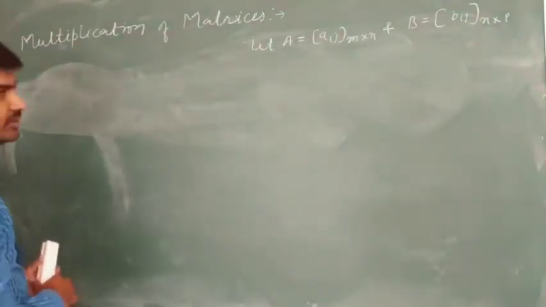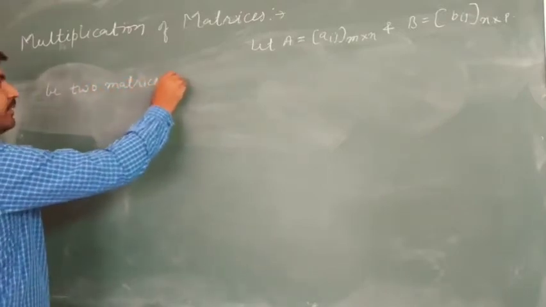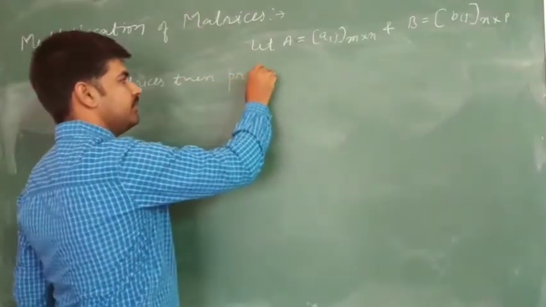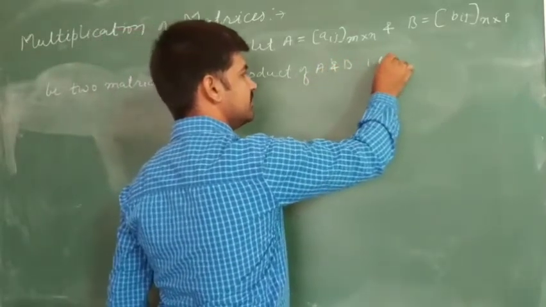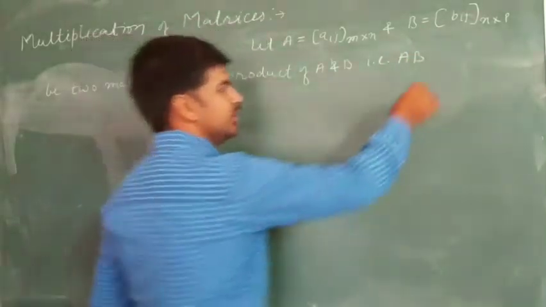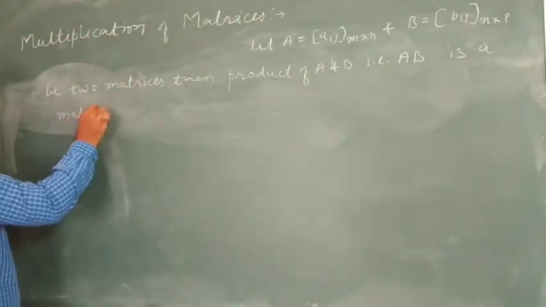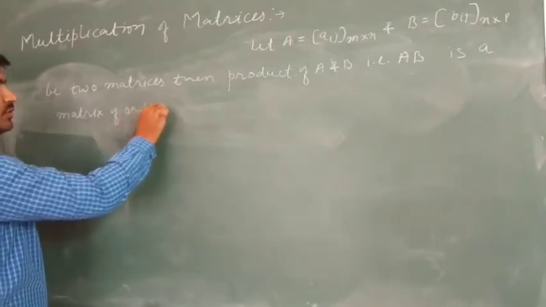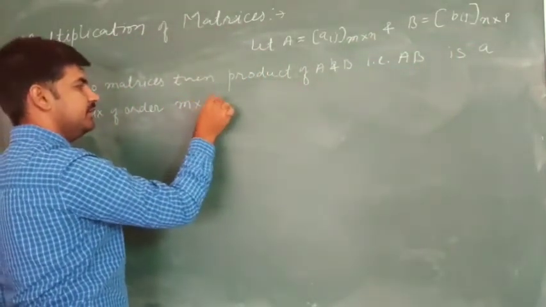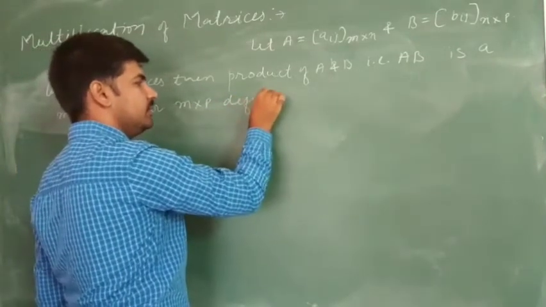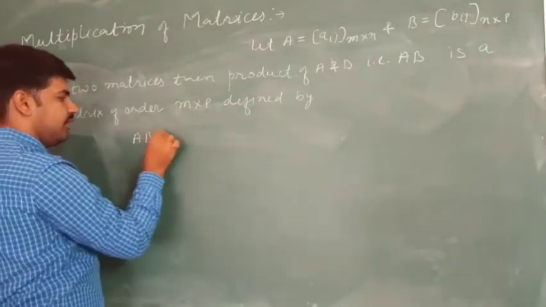So let A and B be two matrices, then the product of A and B, that is AB, is a matrix of order m by p, defined by AB of order m by p.